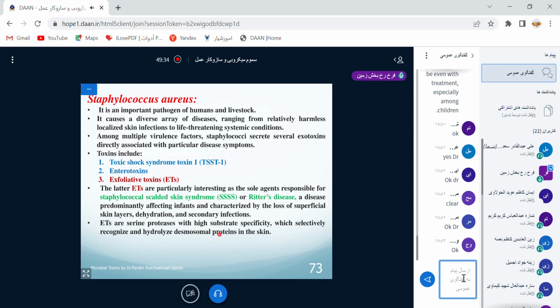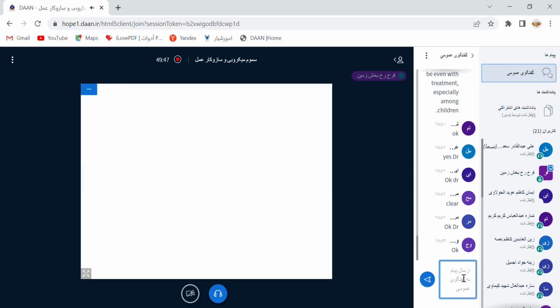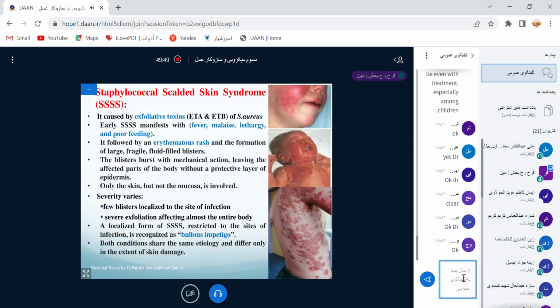Proteins, yes, and this is protease. So protease breaks proteins. Proteins of what? Desmosomal proteins in the skin. When they do that, they are responsible for staphylococcal scalded skin syndrome.